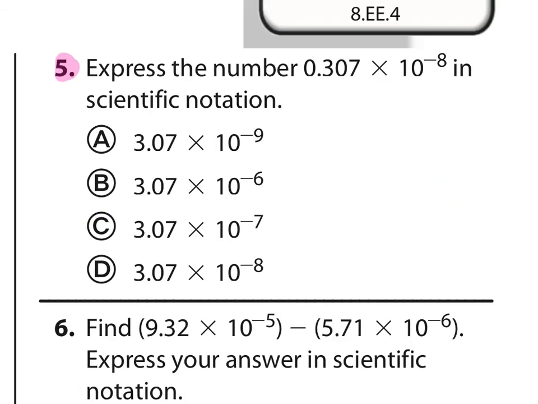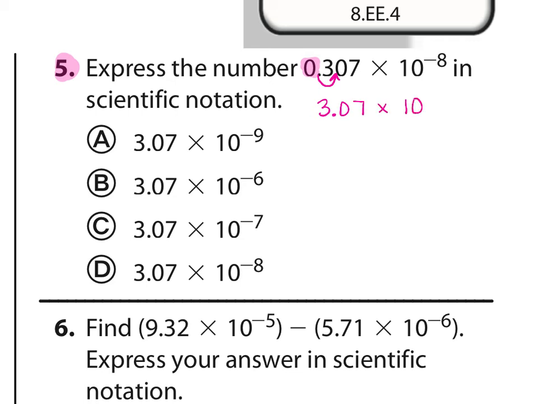Number 5, we're going to express this number in scientific notation. Okay, it almost looks like scientific notation, but then we notice it's 0 point something. So let's correct it. We're going to move our decimal one place right, so we get 3.07 times 10.